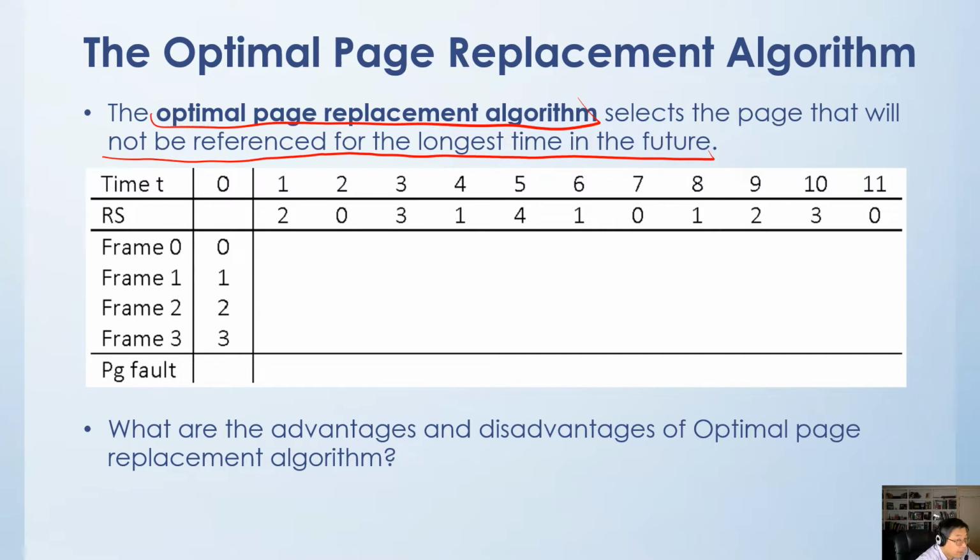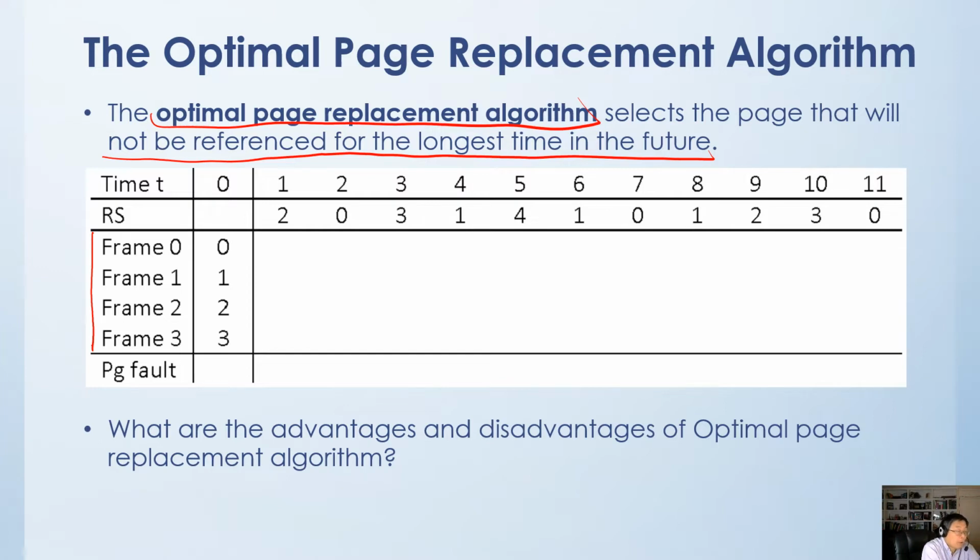Before we talk about this, let's assume that we have a physical memory which contains 4 page frames. That's pretty small, right? In reality, physical memory will contain millions of frames, but for the purpose of discussion, we assume it contains only 4 frames.